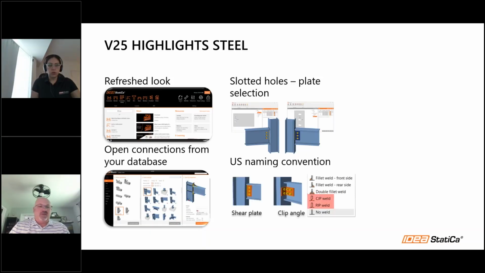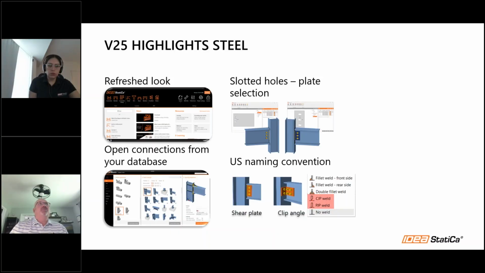One thing to note, I know this always relates to oversized holes. Unfortunately, we still don't have oversized holes. I know that's a sticking point for a few of our users. We just have not figured out how to have that modeled within our finite element model. So we're going to keep working on it though.